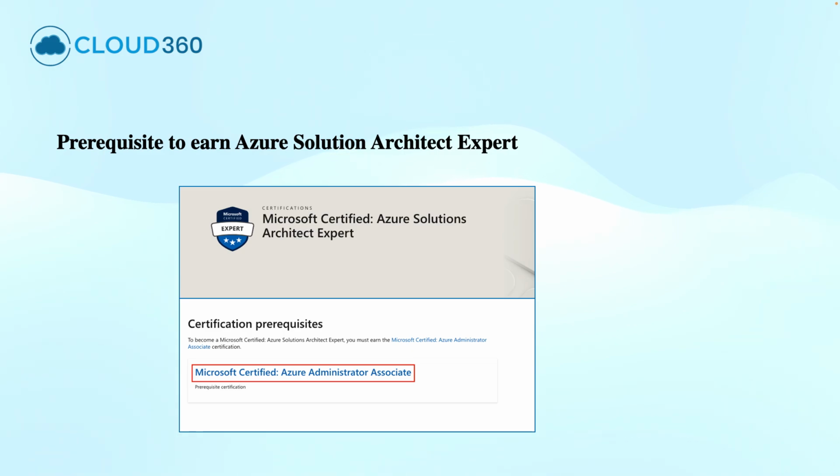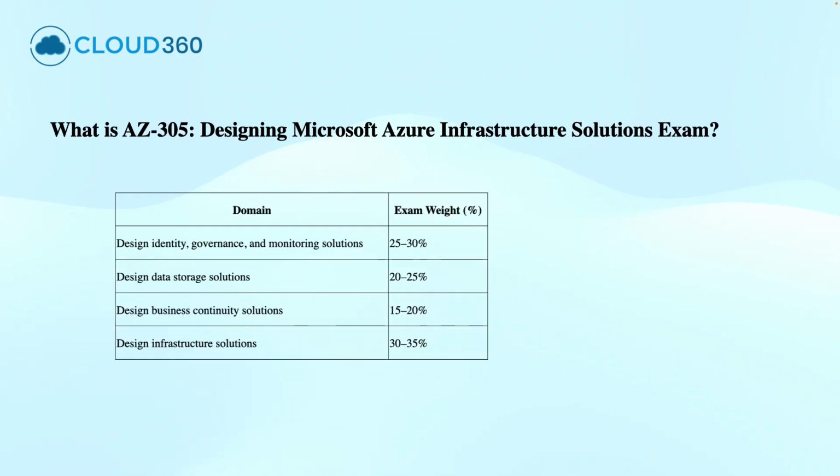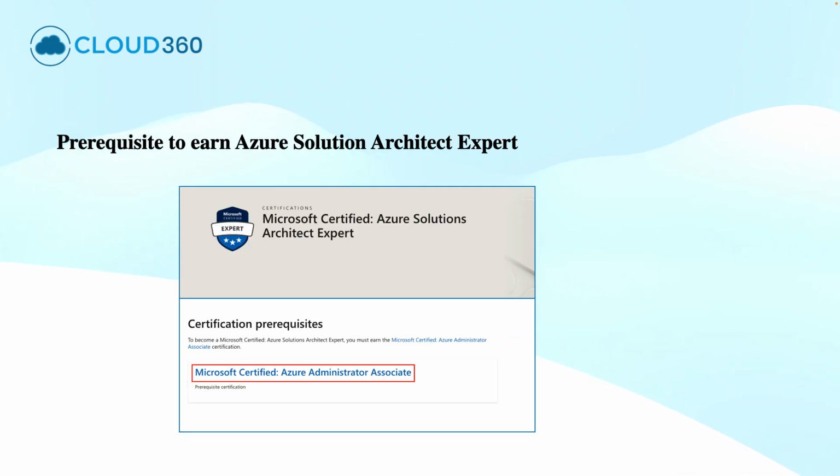If you take the AZ-305 exam, then you earn the certificate for Designing Microsoft Azure Infrastructure Solutions, whereas the certificate for proving your skills as an Azure Solution Architect Expert requires you to take the AZ-104 exam as well. This is the prerequisite exam, you can say, to earn this certification.